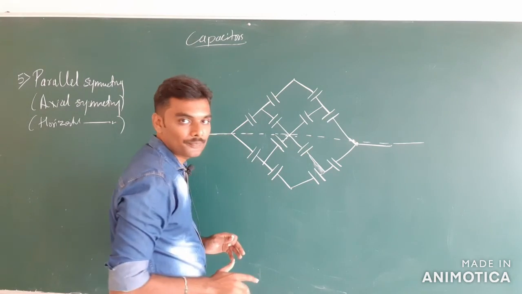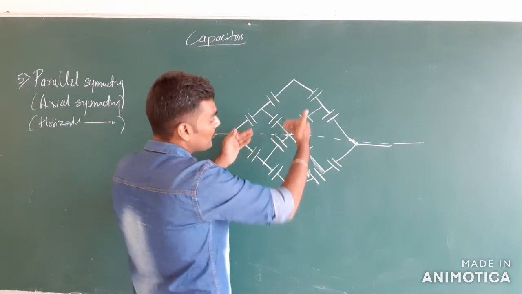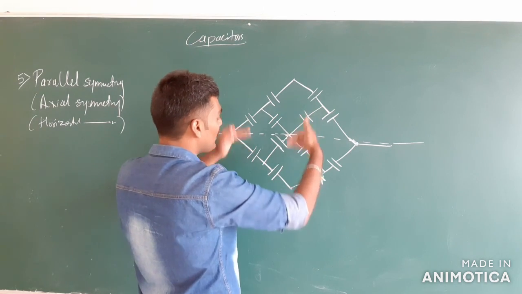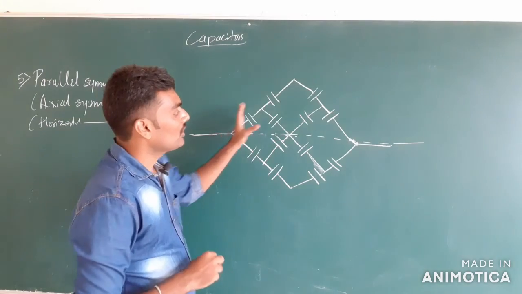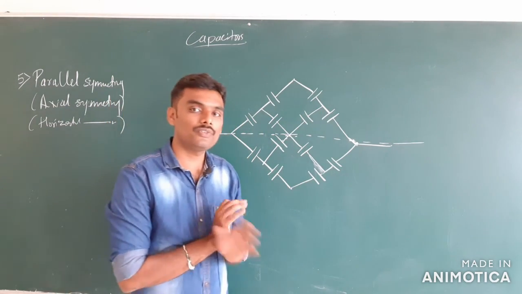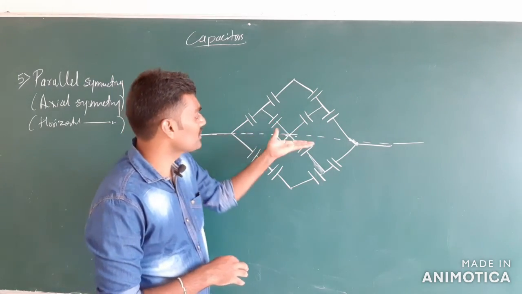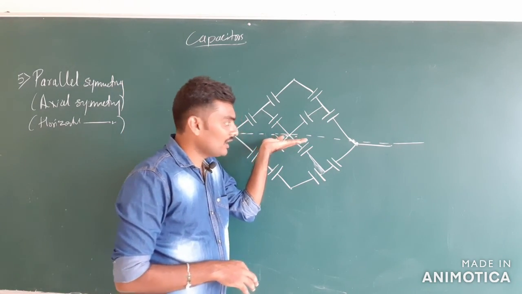Getting the idea? That is parallel symmetry or axial symmetry or horizontal symmetry. Now, if all the capacitors have the same capacitance, then it's well and good. Obviously it has parallel symmetry.